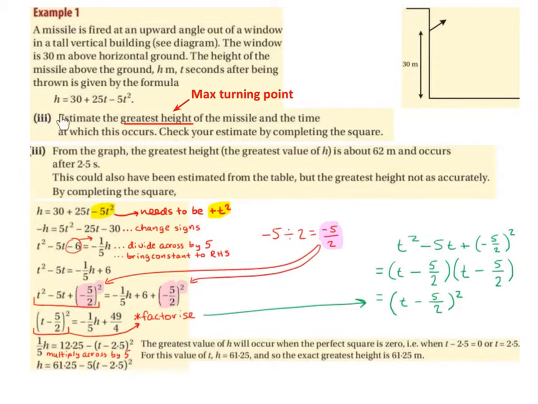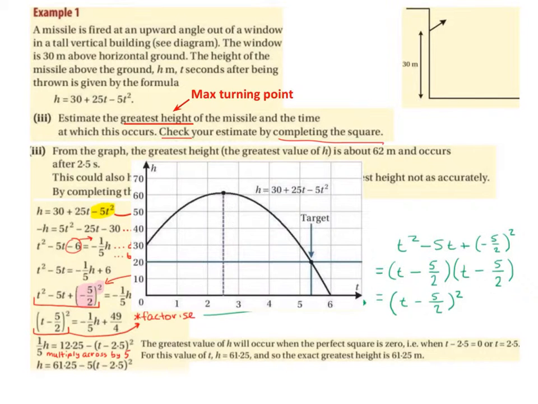Part 3. Estimate the greatest height of the missile and the time at which this occurs. So the greatest height will be the maximum turning point. Check your estimate by completing the square. So from the graph, the greatest height, the greatest value of h, is about 62 meters and occurs after 2.5 seconds.